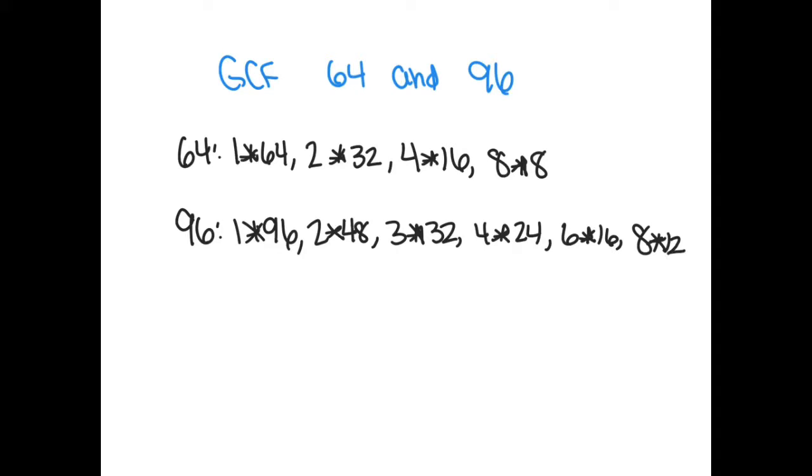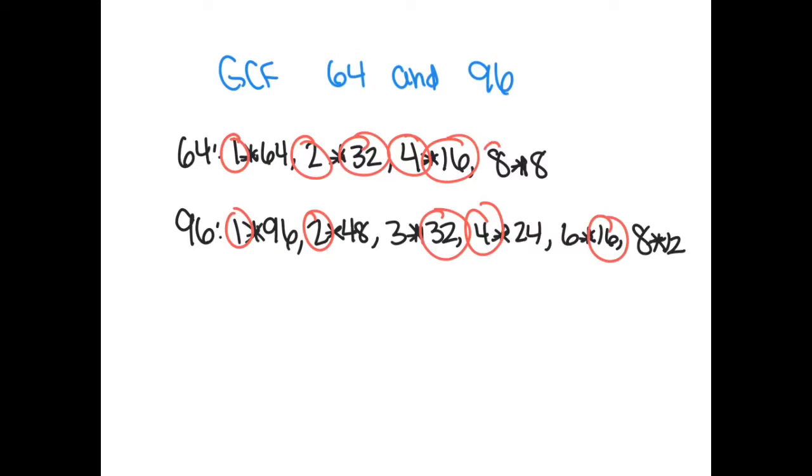If we were to go through and check those, they both have a 1, they both have a 2, they both have a 32, they both have a 4, they both have a 16, and they both have an 8. My highest number I have circled is 32.